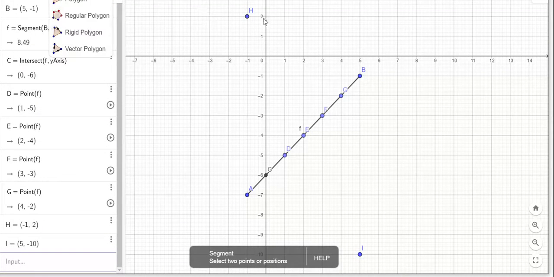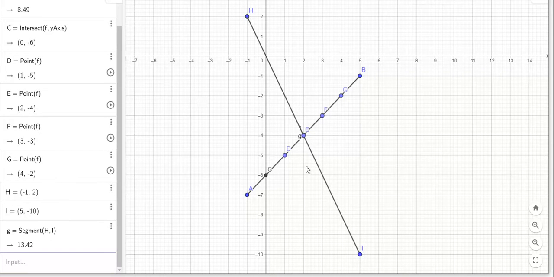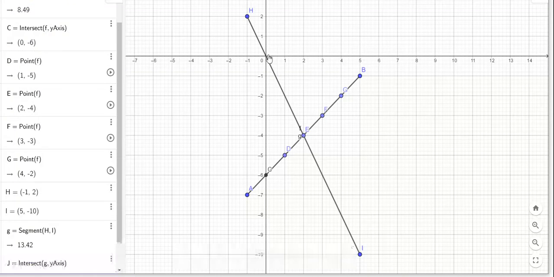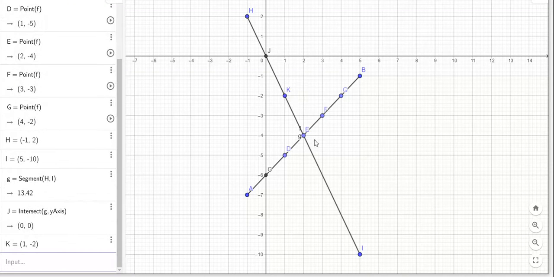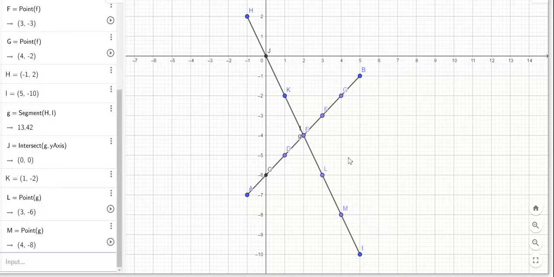Then if I get these two lines and I link them together, we can see the point of intersection, which is here. Point of intersection is 2, -4, but I should probably also put in the other points on this graph here. So there's one point, there's the other point. You can see they both have a point in common, so there's the 4 points for that graph.